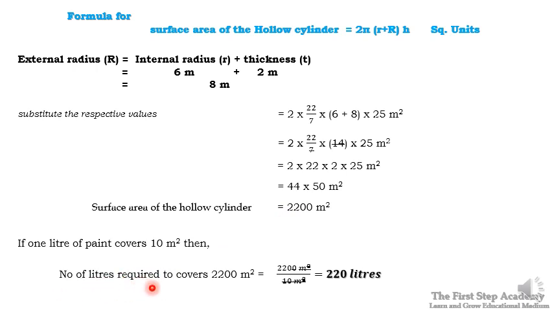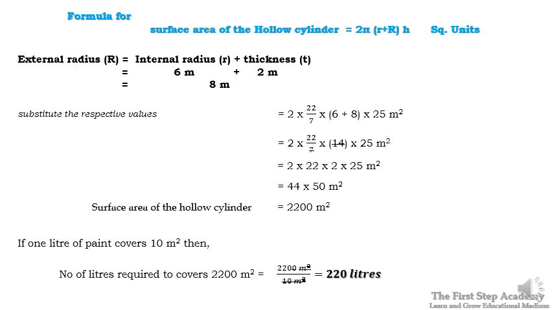The number of liters required to cover 2200 meters squared is 2200 meters squared divided by 10 meters squared. By dividing the total surface area by the parameter given in the question, 10 meters squared, we get the number of liters required. Dividing 2200 by 10, we get 220 liters. So this is the exact answer for this question.